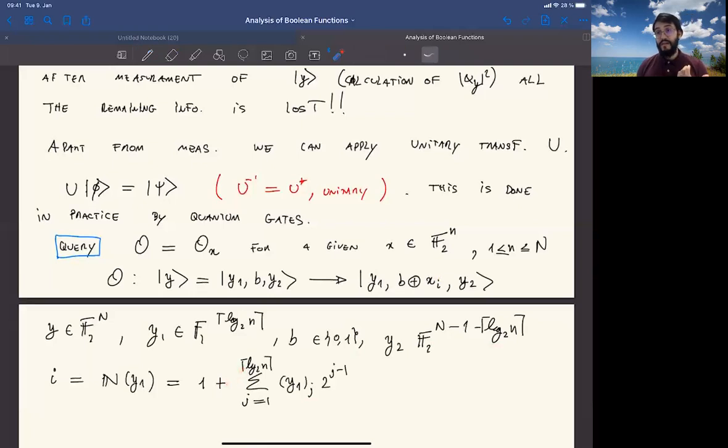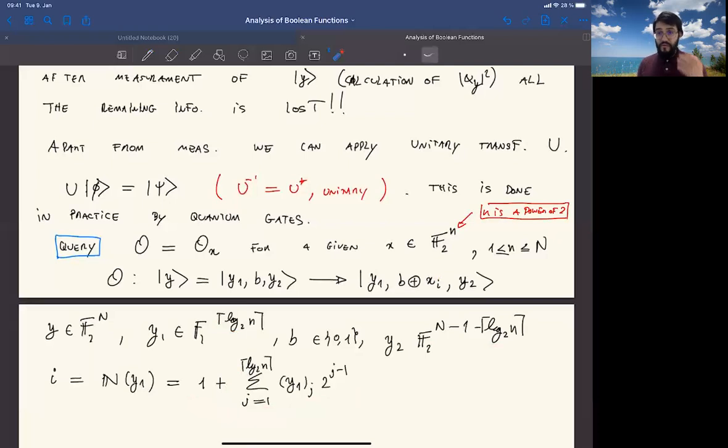But 2 to that number is exactly n if n is a power of 2. So usually we take n a power of 2. Then the ceiling of log n is exactly given, and this is exactly representing a number between 1 and n.